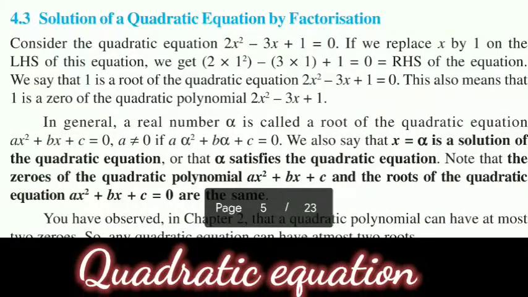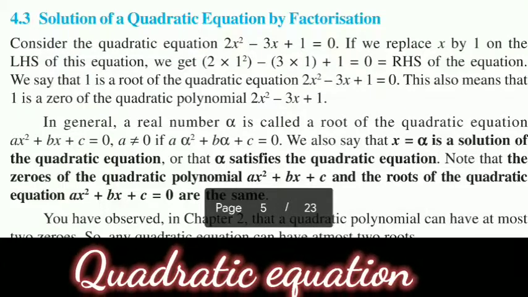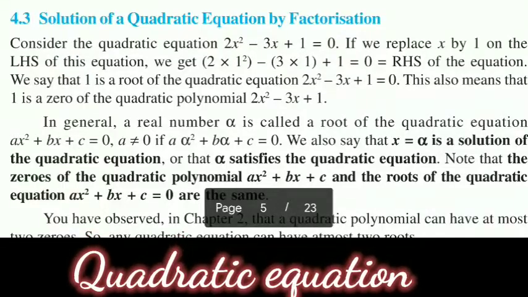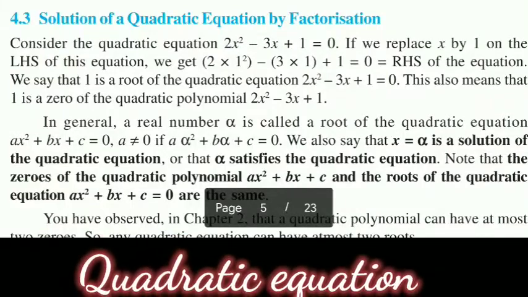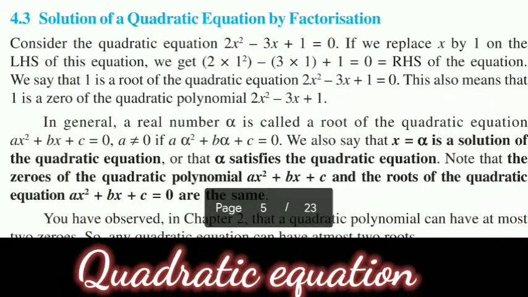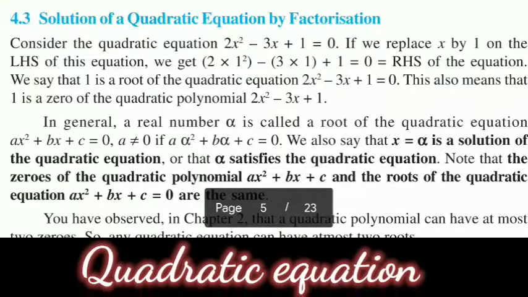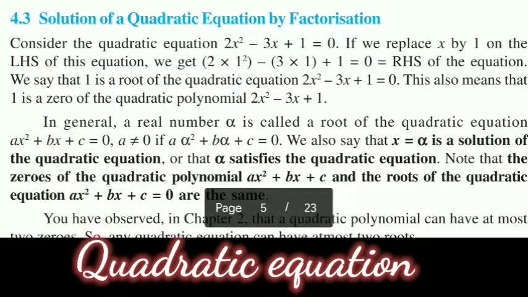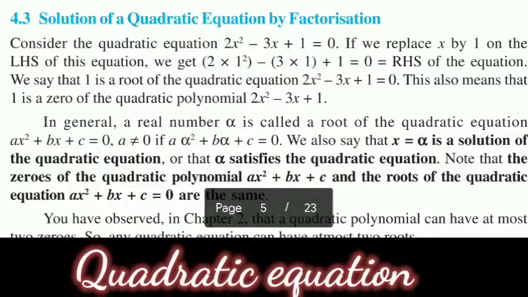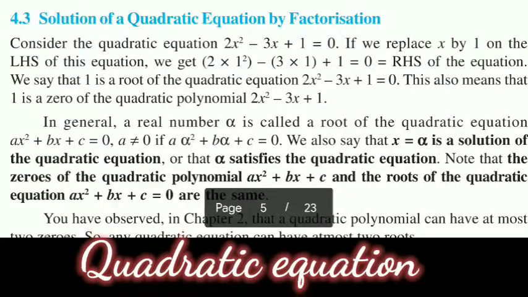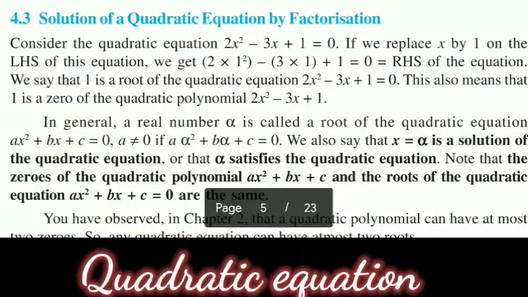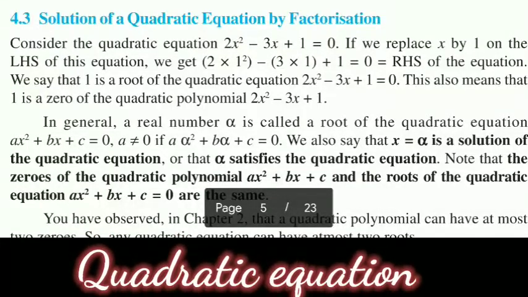So 2 into 1 square minus 3 into 1 plus 1 is equal to 0, the RHS of the equation, because 2 into 1 square is 2, minus 3 gives minus 1, plus 1, that is 0. So we are getting 0. We see that 1 is the root of quadratic equation 2x square minus 3x plus 1 is equal to 0. This also means that 1 is the zero of the quadratic polynomial 2x square minus 3x plus 1.